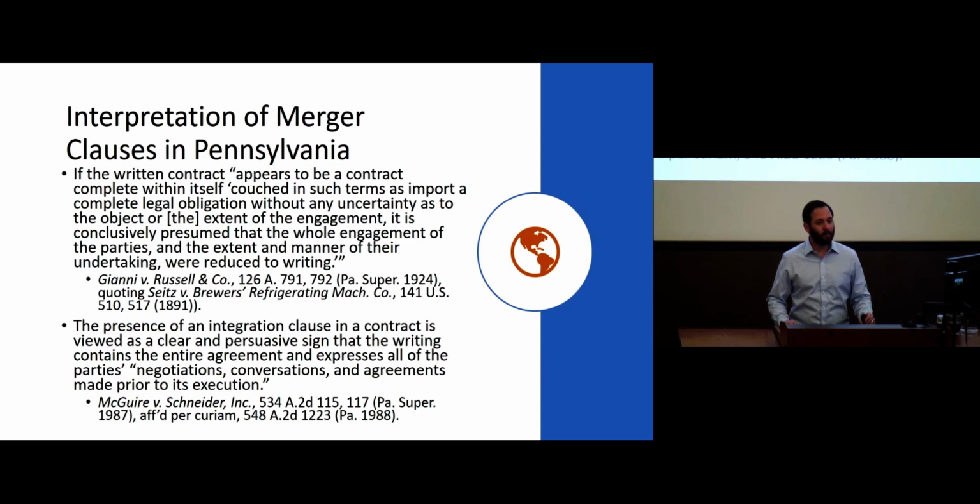But as a reminder, in Pennsylvania, we take a more objective approach. The Gianni case held that if a contract appears to be complete within itself, it is presumed to be the whole engagement of the parties, in accord with McGuire versus Schneider.